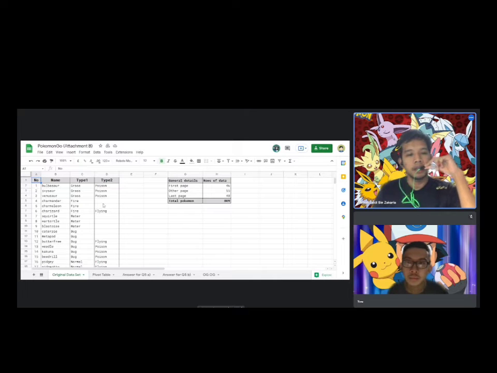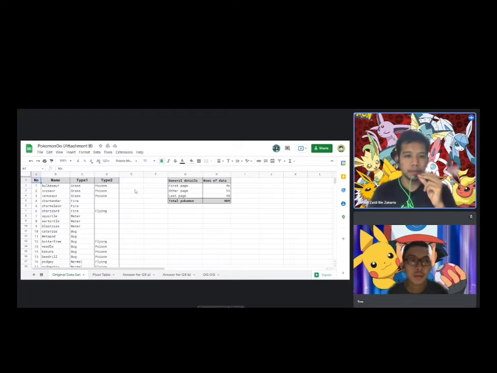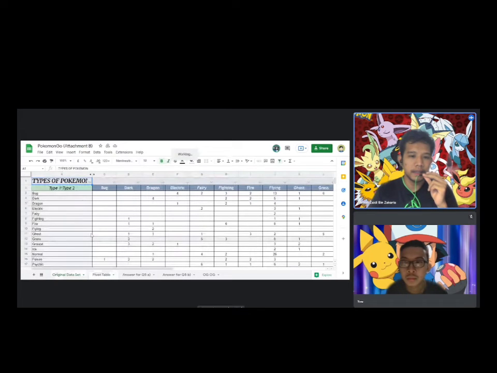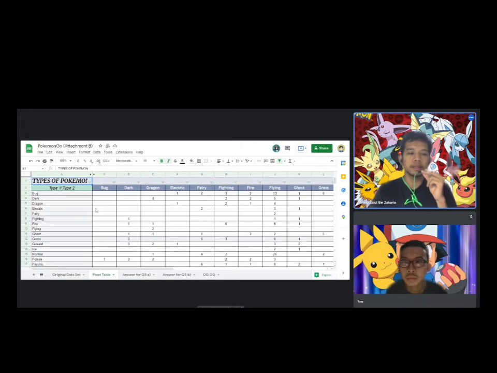So later we are going to answer two questions, question A and question B. For question A, we are going to use a pivot table, which is more systematic and readable for answering our question. In this pivot table, the rows represent the type 1 ability, meanwhile the columns represent the type 2 ability.